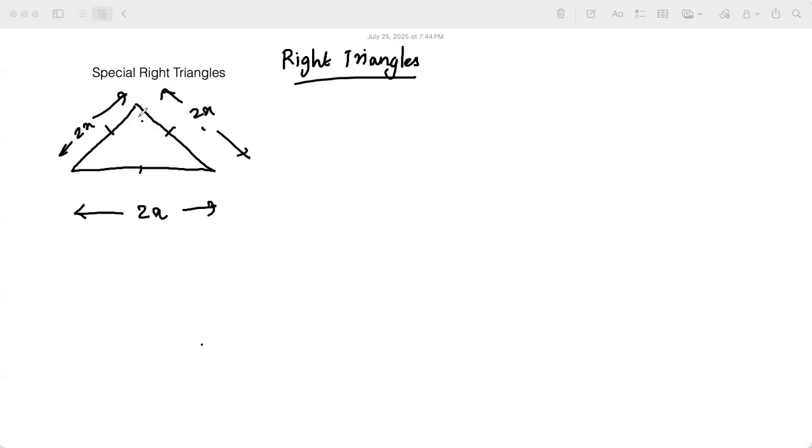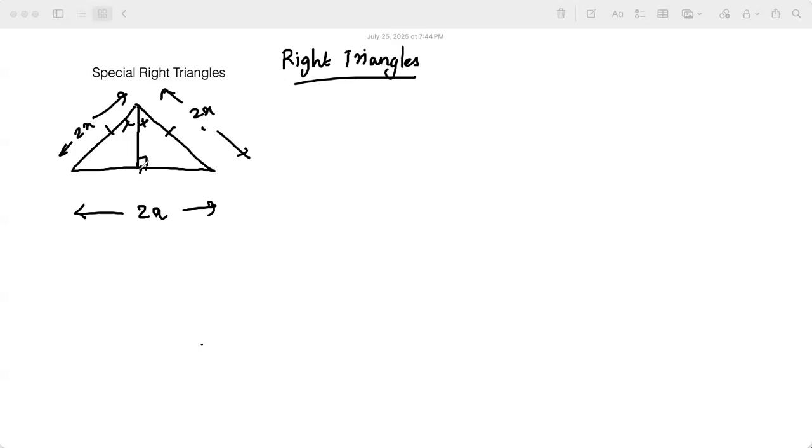Now, I'll go ahead and draw an angle bisector for this equilateral triangle. When I draw the angle bisector for this equilateral triangle, it is very special in the sense that the angle bisector also becomes an altitude.